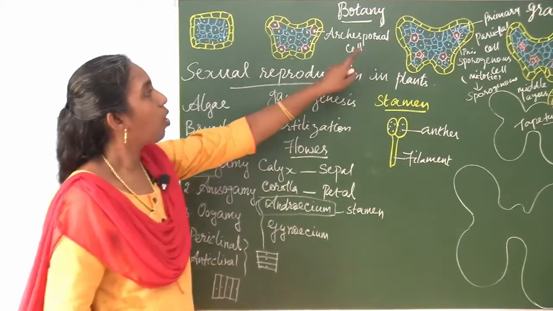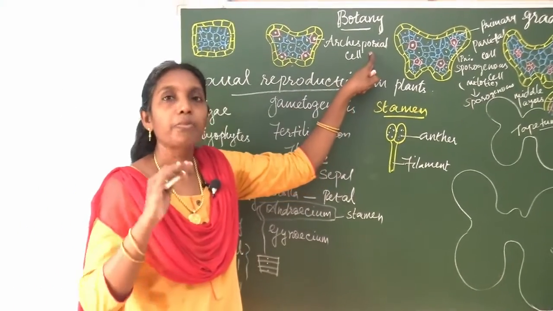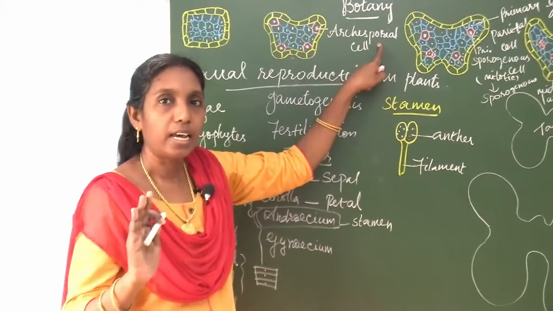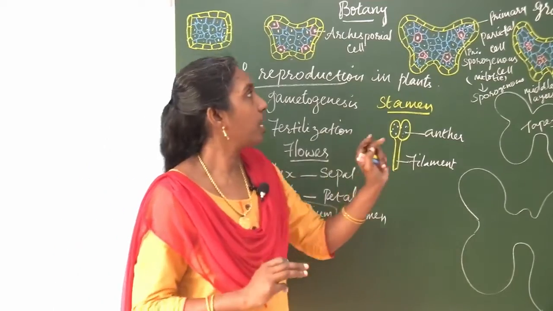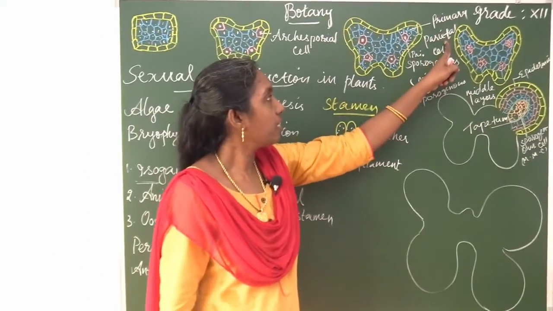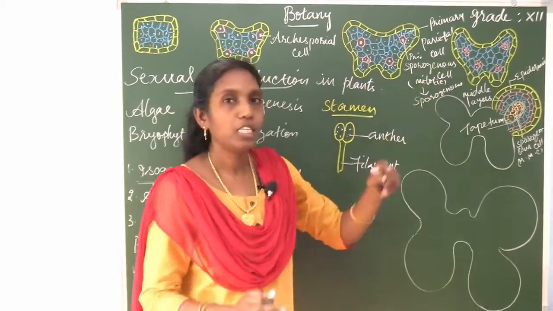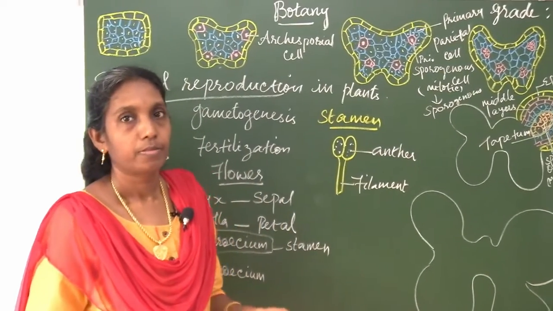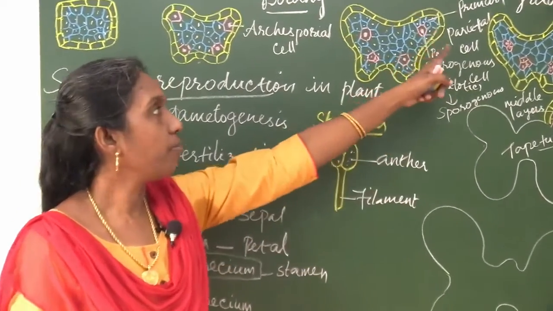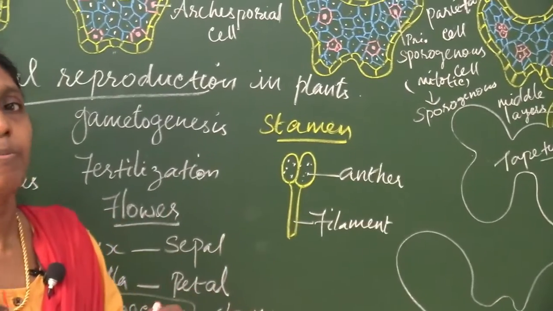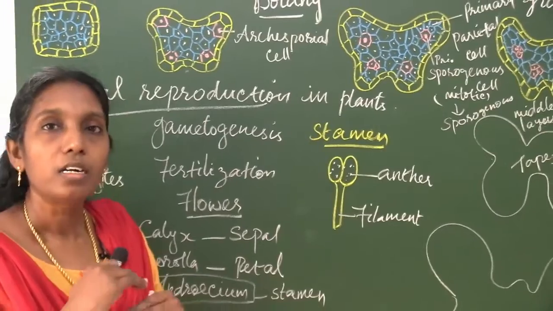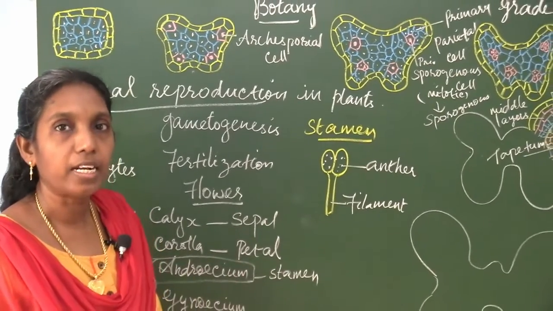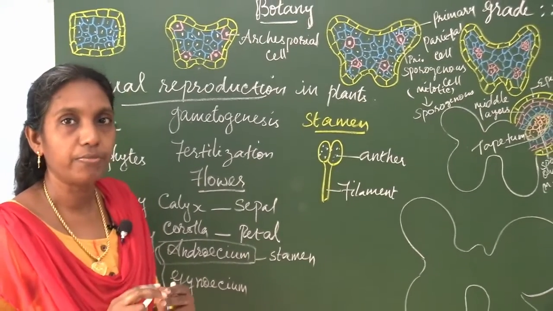Now the archesporial cells undergo periclinal division, and it forms two different tissues. They are the primary parietal tissue and the primary sporogenous cell. How are these cells formed? The archesporial cell divides periclinally and forms two different kinds of tissue.